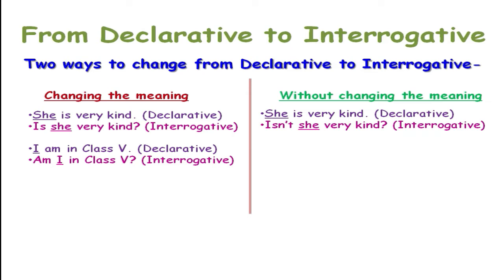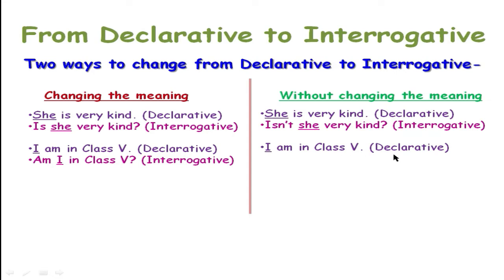I will again show you one more example. I am in class 5. Fine. Now you have to change it into interrogative without changing the meaning. First rule, change this sentence into negative sentence. So what will be the negative sentence of I am in class 5? I am not in class 5.